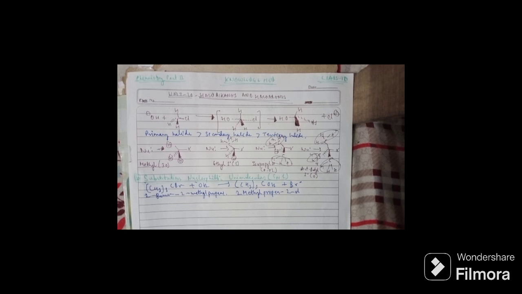So let's go for the reaction here, so that it will be helpful for you to understand. Then we'll discuss the SN2 reaction and the SN1 reaction, and how reactivity increases and decreases in the same pattern.